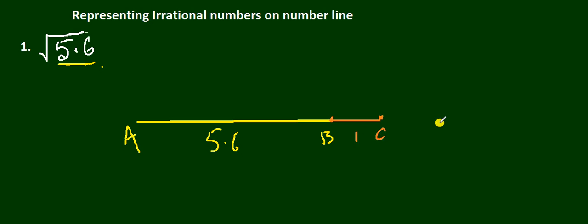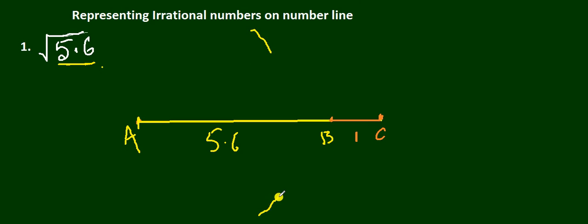Then what you will do is construct the perpendicular bisector of the line segment AC using your compass. If you remember, we take an arc which measures more than half of AC, and with A as center we draw an arc on either side.